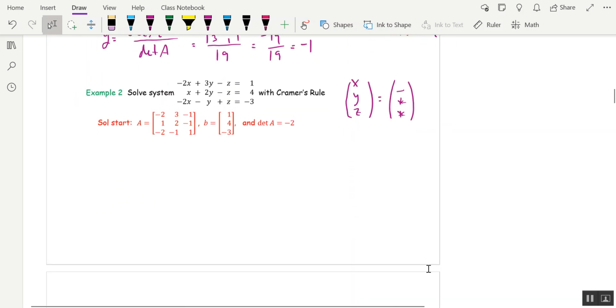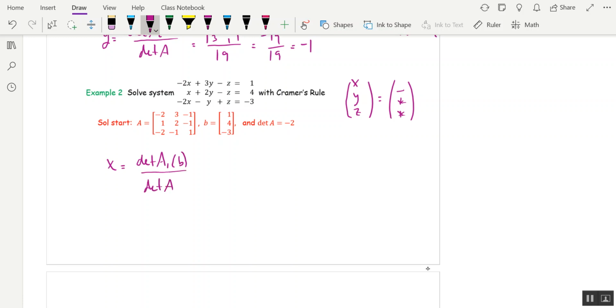Here we are. Okay, so I started us off, I wrote down the coefficient matrix A, I wrote down B, and I already found determinant of A is negative 2, just to save time. So I did that for us. And then x is going to be, I'm going to write down my formula, determinant A1 of B over determinant of A. Okay, now determinant A1 of B is going to be the determinant of a 3 by 3.